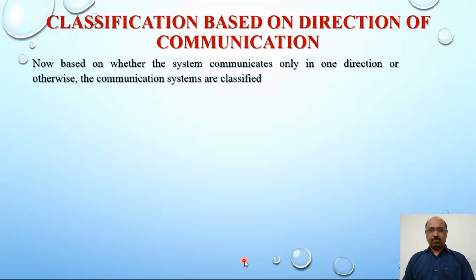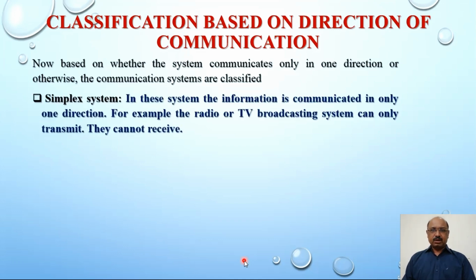Now we see what is meant by a simplex system. In this system, the information is communicated in only one direction. For example, radio or TV broadcast systems can only transmit. They cannot receive information.